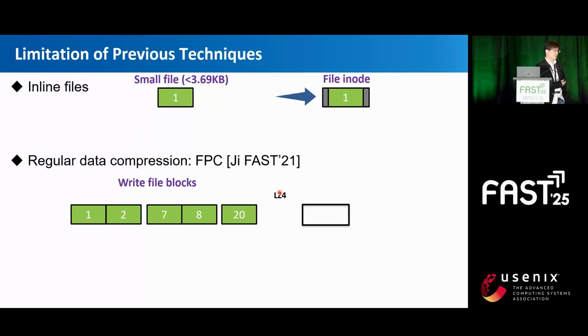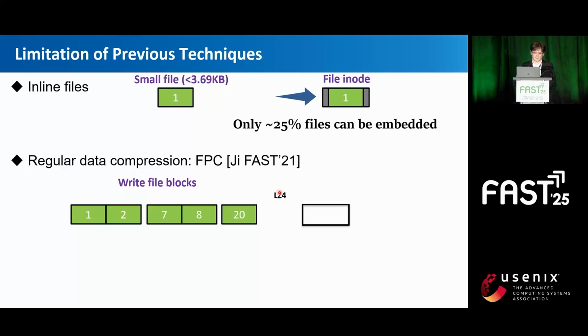By this way, we can combine the inode and data block into one single file inode to reduce the write count. But the problem here is only a small number of files are qualified for this optimization.